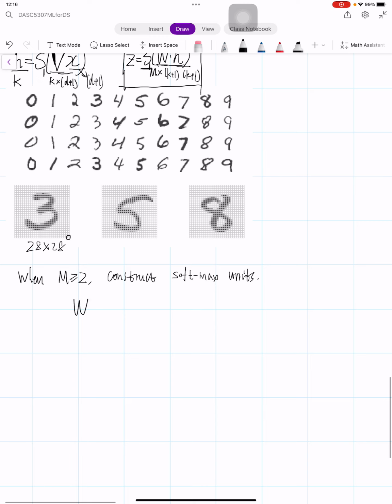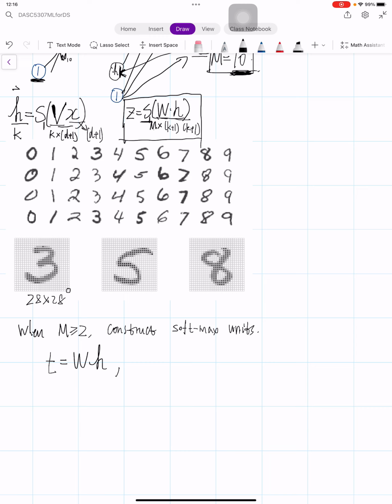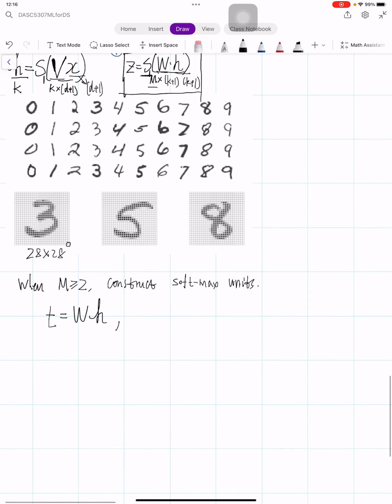Suppose we call this T. This is a vector. W is a matrix with M times (K plus 1), where K is the number of hidden units, plus the bias term, so it's K plus 1. So this T will be a vector of M dimension.